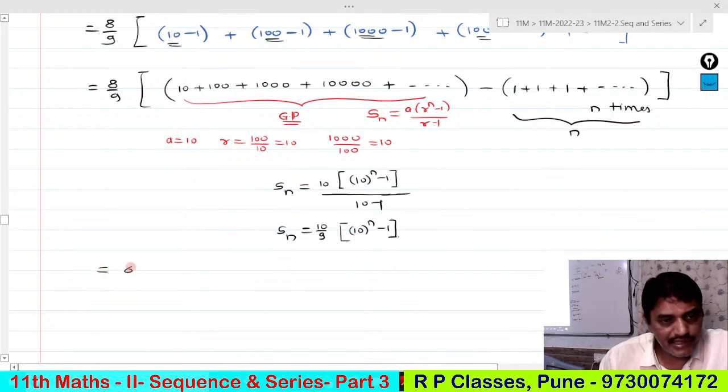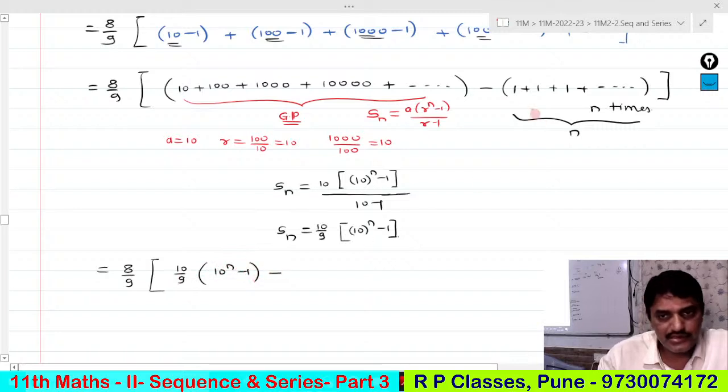क्योंकि this is nothing but 8 upon 9. The first bracket is this, 10 upon 9 into 10 raised to n minus 1 minus this is n. Is this okay? Now the base is 9 here.